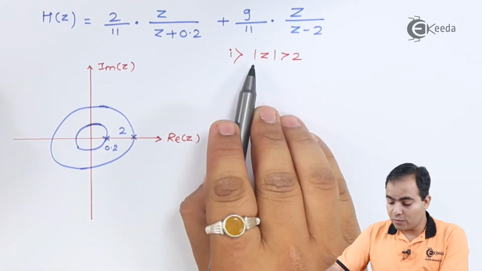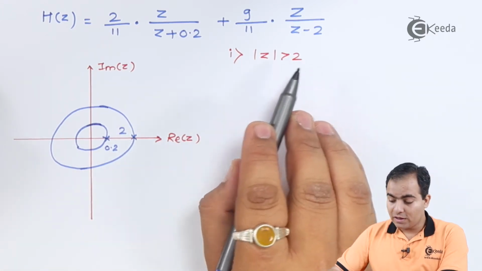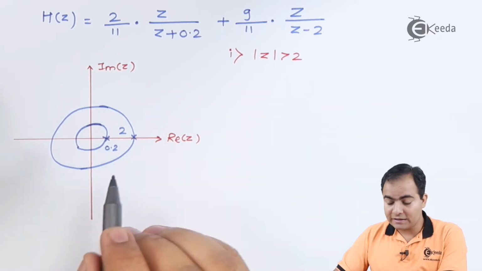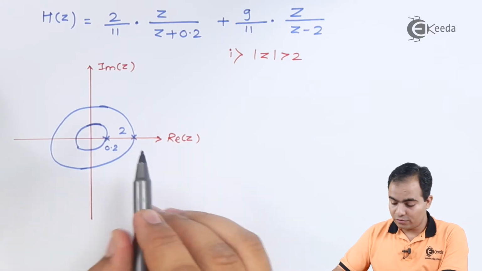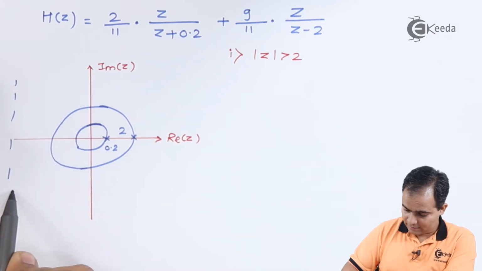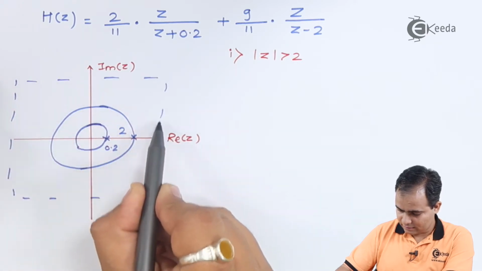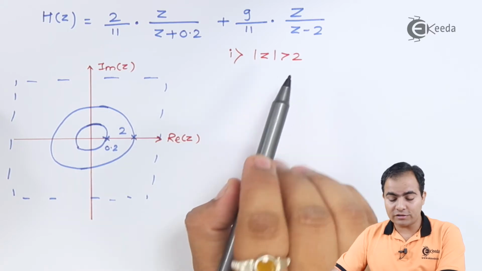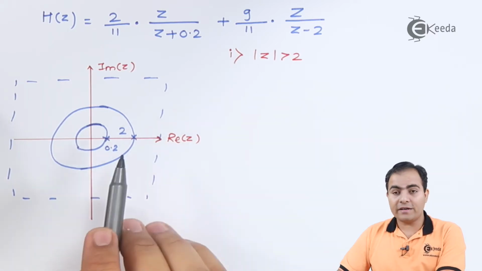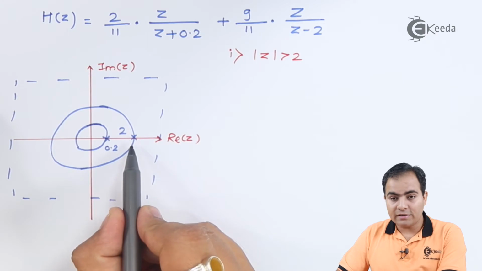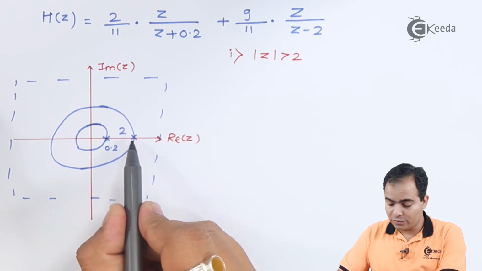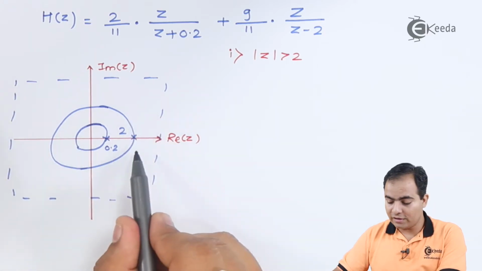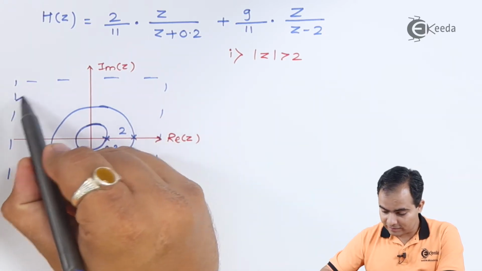The first ROC is mod z greater than 2, which means our ROC exists in the exterior part of the circle. Here mod z greater than 2 means a causal ROC, and this causal ROC exists outside the circle which has radius 2, which means our ROC is available in the exterior part of the circle of radius 2.